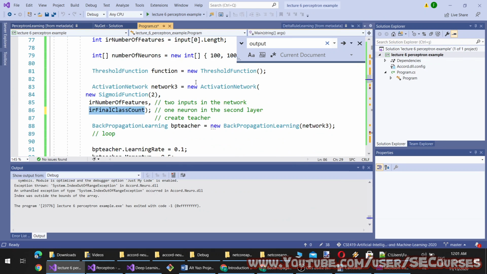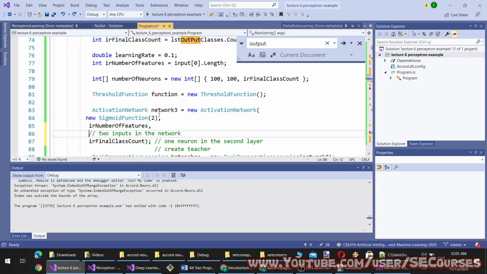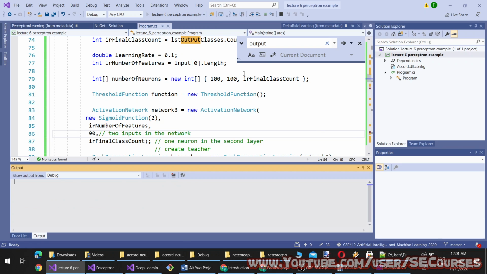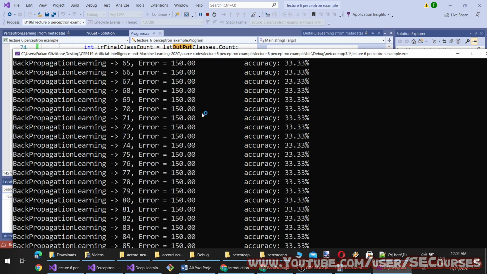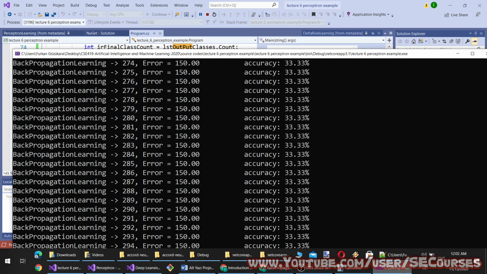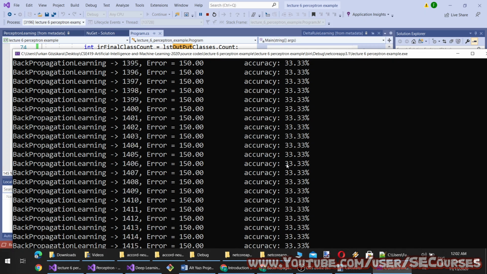So the first input and the last output have to be the same as the number of features and classes you have. However, you can change the number of inner layers. It is totally up to you. When I set 90 inner neurons, this has a single hidden layer. At the moment, it has a single hidden layer which has 90 neurons.